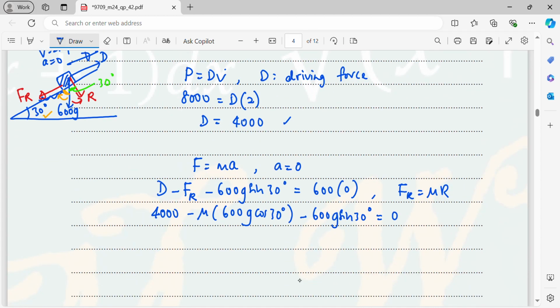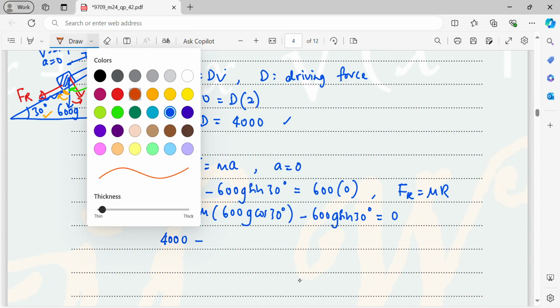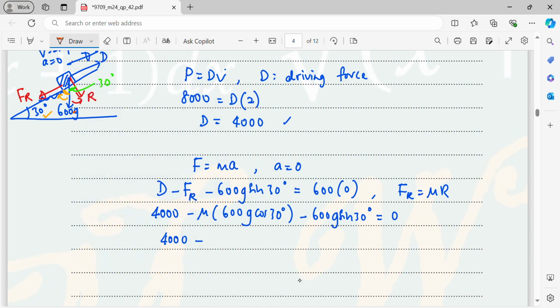Okay, then from here, I will get 4000 minus, now the question says you need to find out mu. That means this whole term I will move to the other side. So I will solve 600g, the g is 10, sine 30 is half, equals mu of 600, the g is 10, cos 30 is square root 3 over 2.